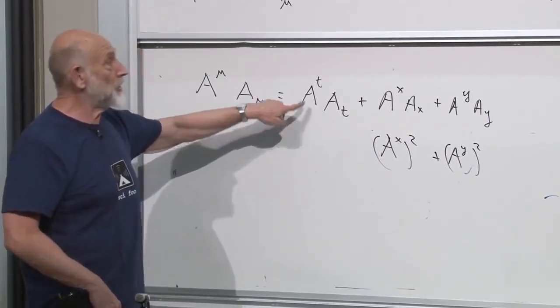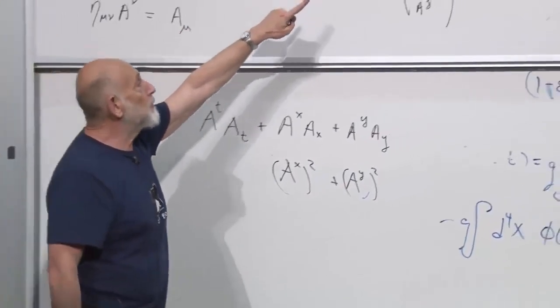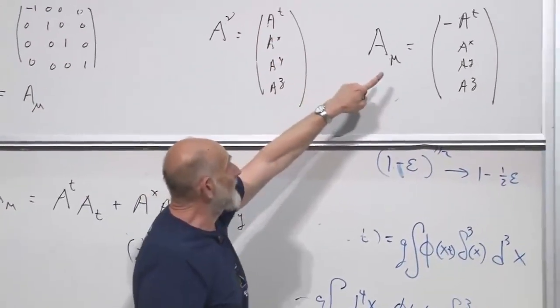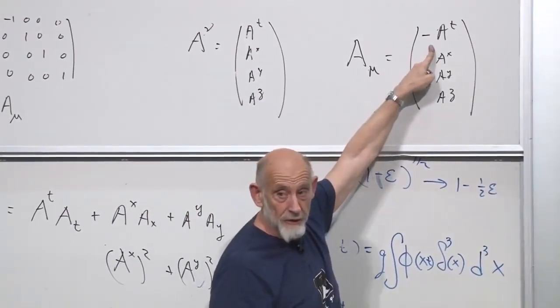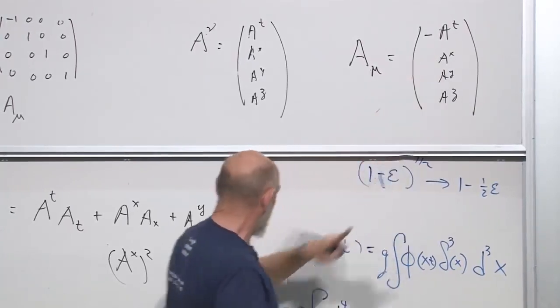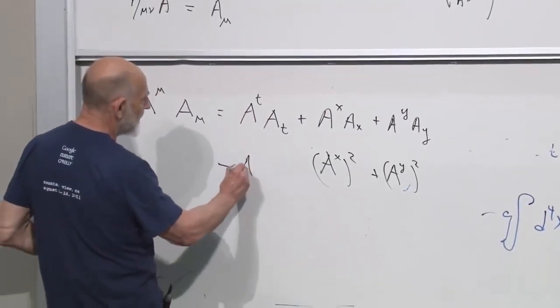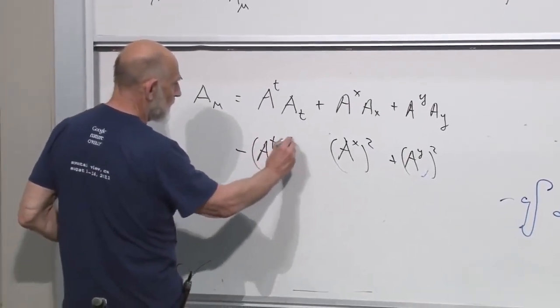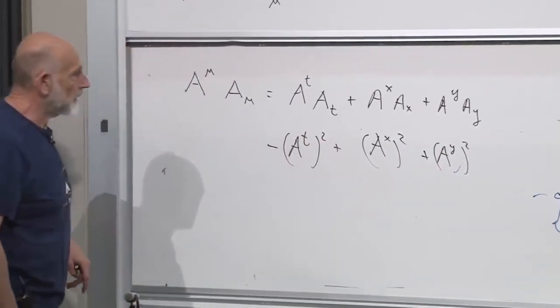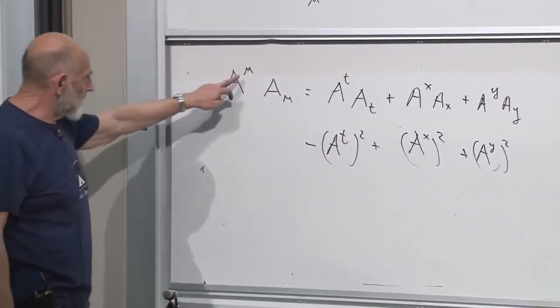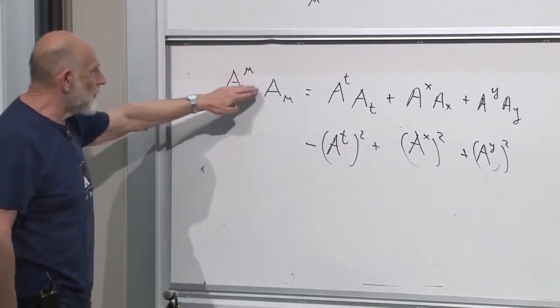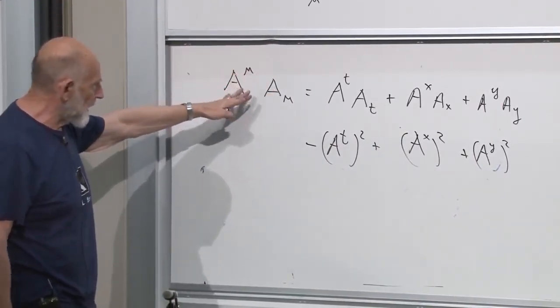Why doesn't it have a minus sign? Because when you plug in the fact that the lower index here gives you minus A_T, this becomes minus A_T squared. In other words, this notation says sum, literally sum, no minus signs in here.